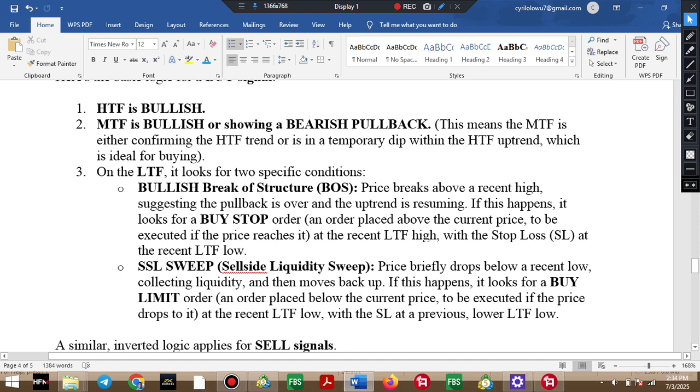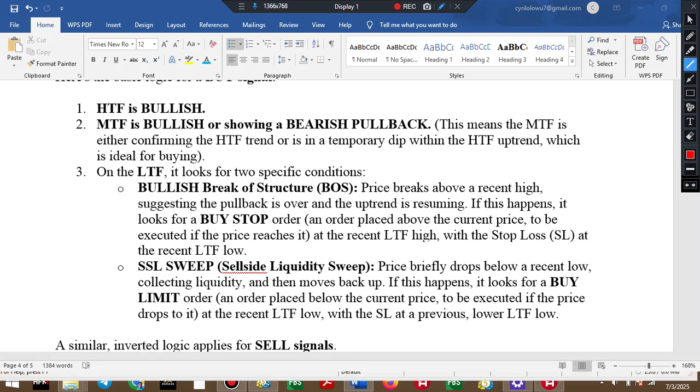That means if the higher time frame and the middle time frame now align, the last point of entry is the lower time frame. So it's going to be looking for an opportunity in the lower time frame. Let's say the lower time frame was moving bearish before, which was against the higher time frame and the middle time frame. Immediately there is a price break above this point, which signals that it has aligned with the two time frames, it's going to give you either a sell stop or a buy stop signal, telling you to see this point where price is now, place your buy limit here or sell limit, whichever is the case.